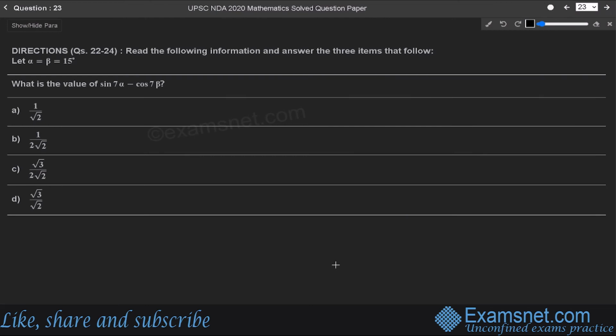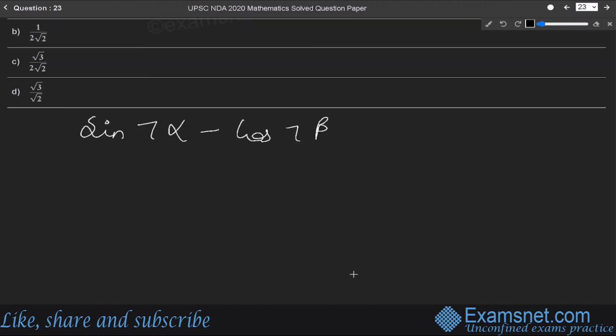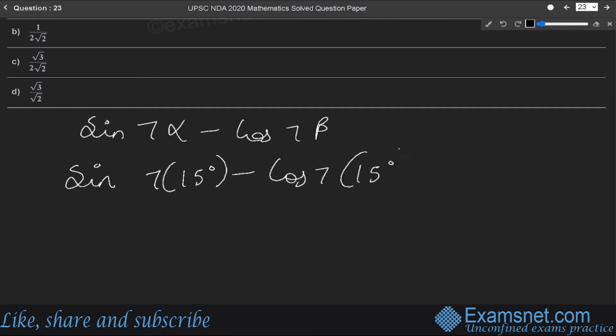Next part of this question is, what is the value of sine 7 alpha minus cos 7 beta? We know the value of alpha and beta, which is 15. So we'll simply put it here, sine 7 into 15 minus cos 7 into 15.